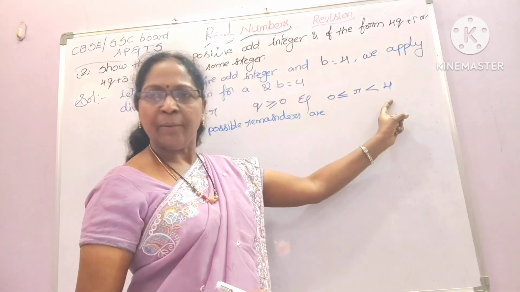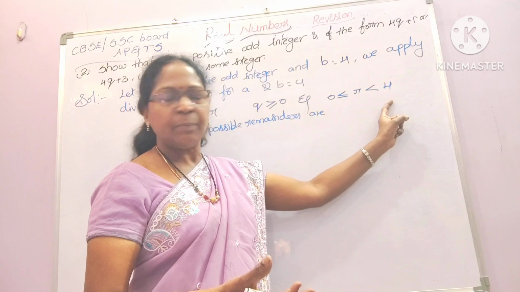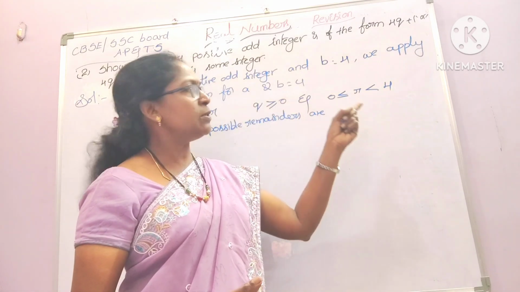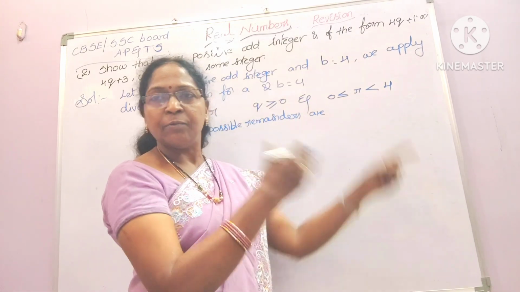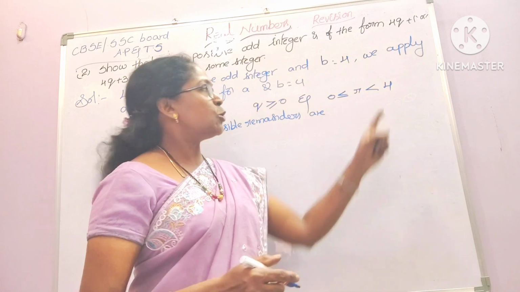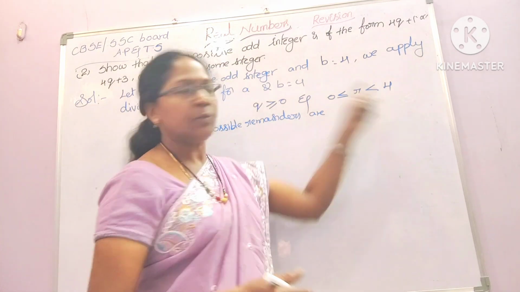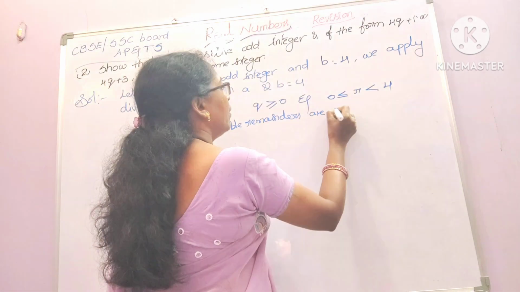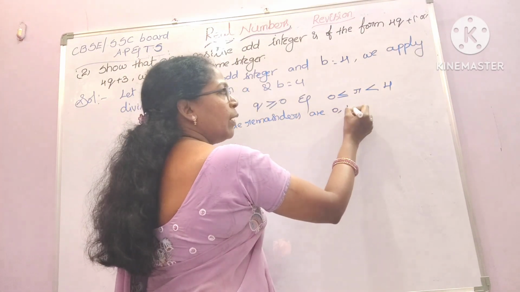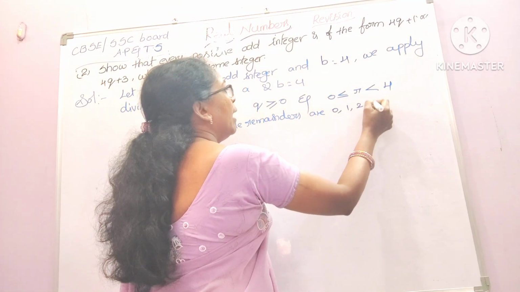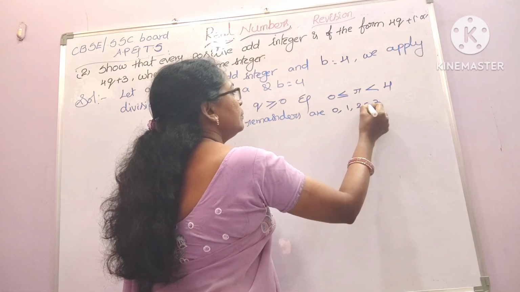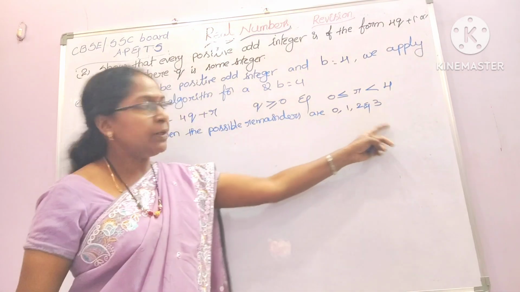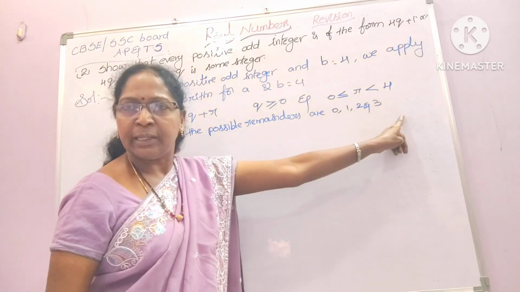If R equal to 4 were the remainder, then the divisor is also 4, and 4 is divisible by 4. So less than 4 you have to write. What are the possible numbers you will get? Just write R: 0, 1, 2 and 3. These are the possible remainders.